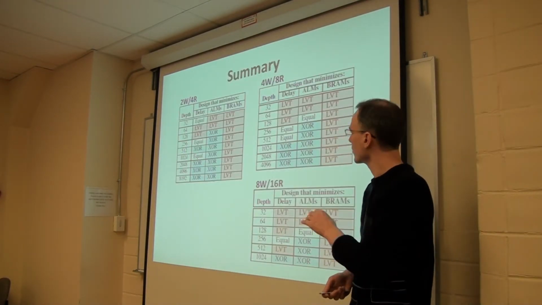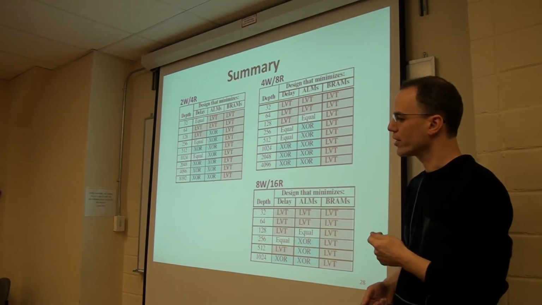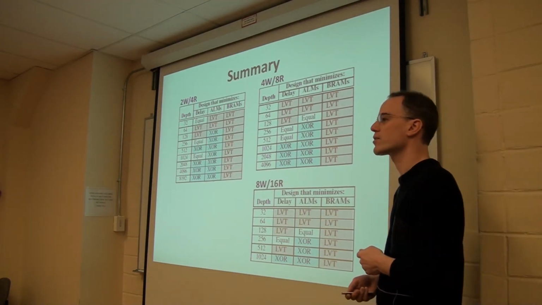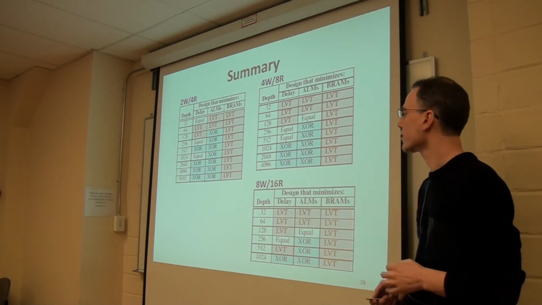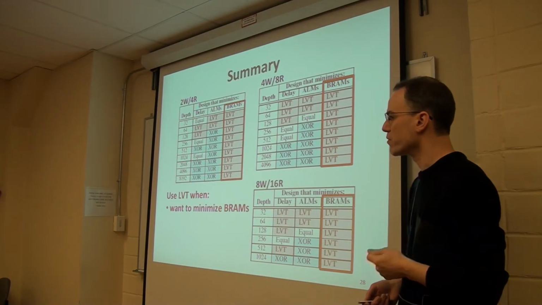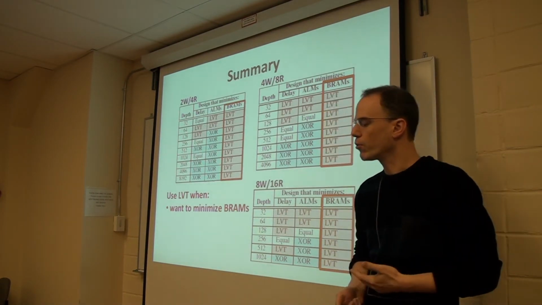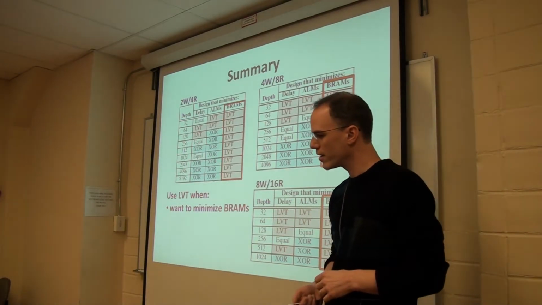And just to stare at this same table for 3 different designs, 2 write, 4 read, 4 write, 8 read, 8 write, 16 read, there are a few fairly rough trends here, so I'll highlight them. If you really care about minimizing block RAMs, you always want to use the live value table design. So that seems fairly clear.